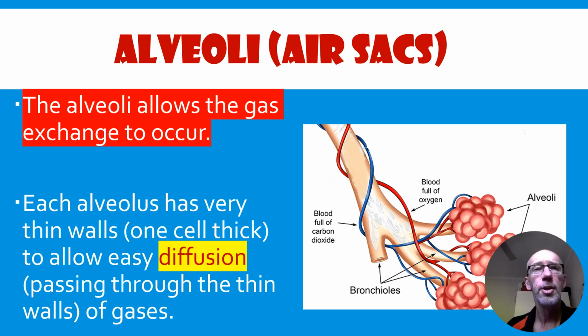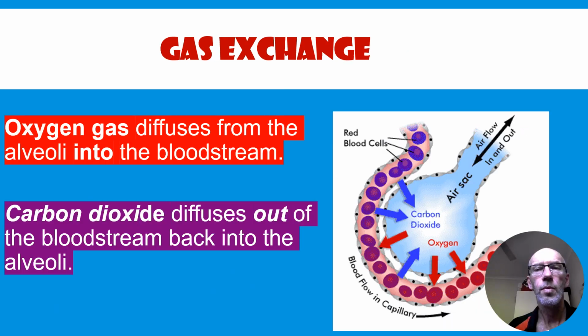Now, when you're describing the functionality of the alveoli, a buzzword that you want to refer to is diffusion. So diffusion is simply where we have gases exchanging through thin one-cell thick walls, where we have carbon dioxide moving from one side of that wall to the other, and oxygen moving to the other side.